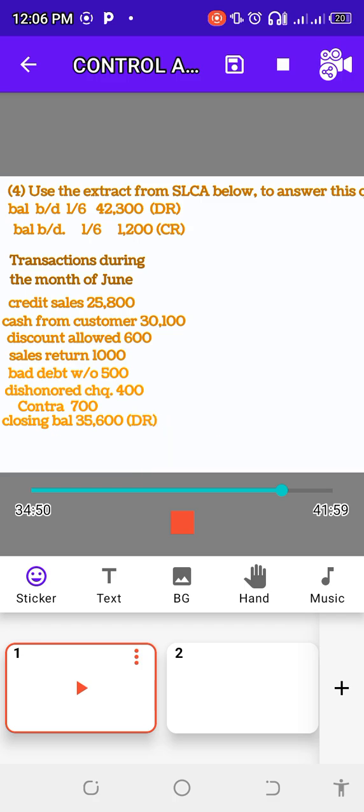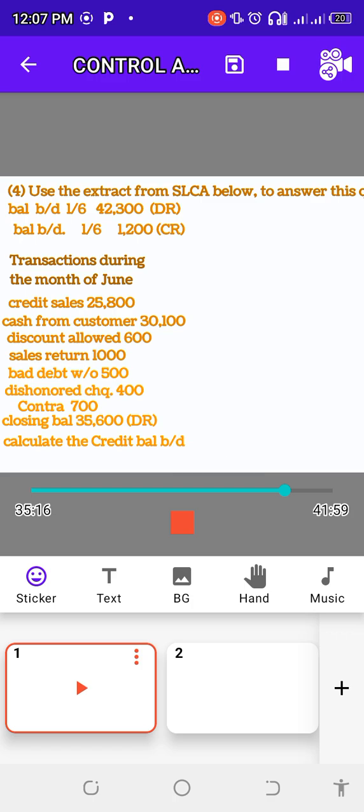The closing balance of debtors is given as 35,600 on the debit side. That is the actual total debtor, or actual total receivable.